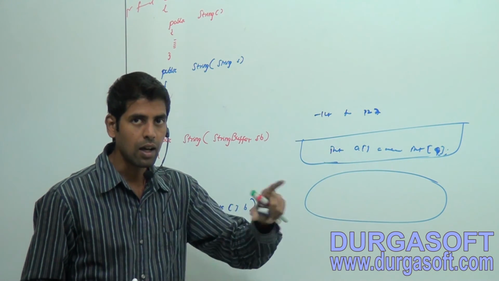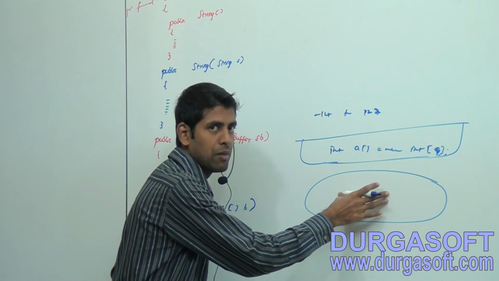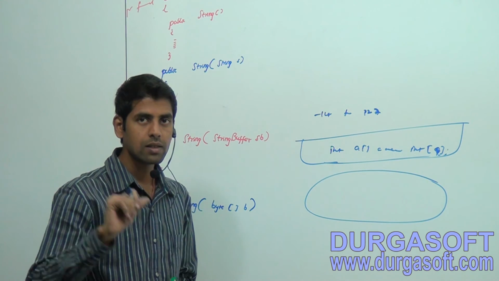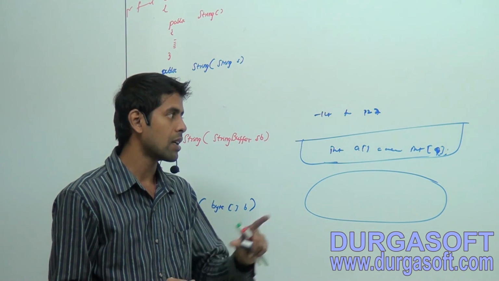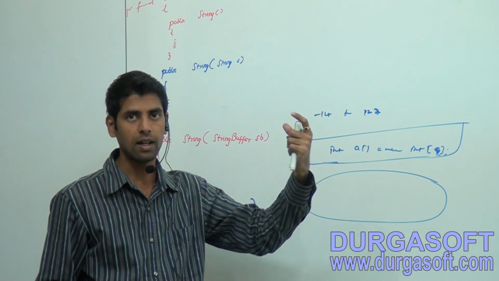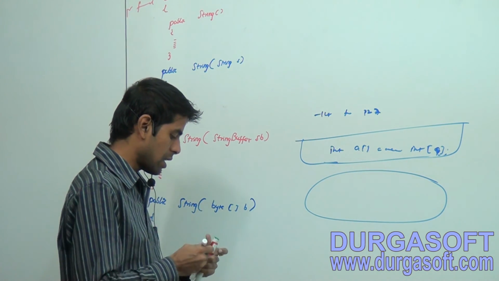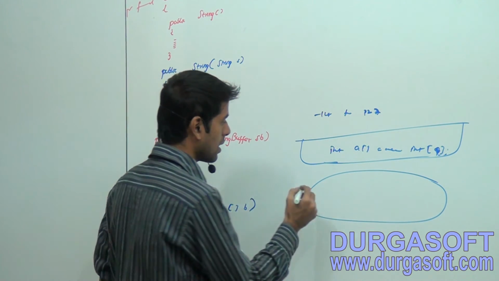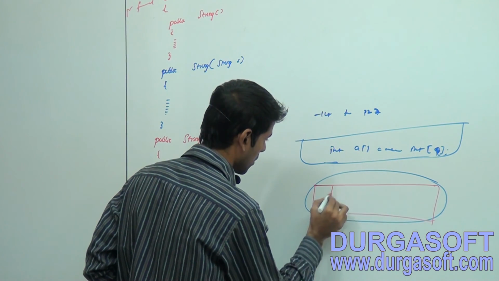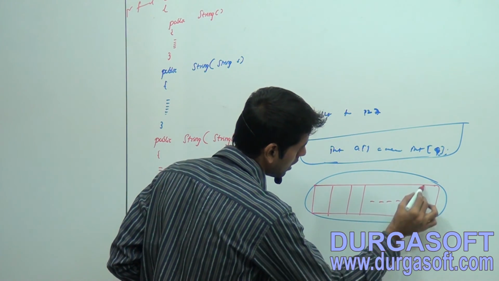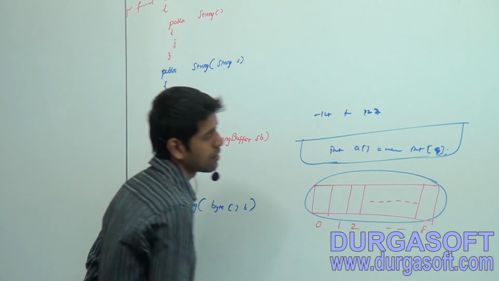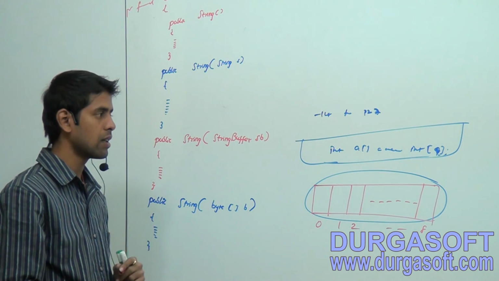Now within this memory allocation they will allot 9 consecutive blocks to store our data. Observe here, they will allot 9 consecutive blocks, 1, 2, 3 till 9. So index will be from 0 to 8. Getting? From 0 to 8.